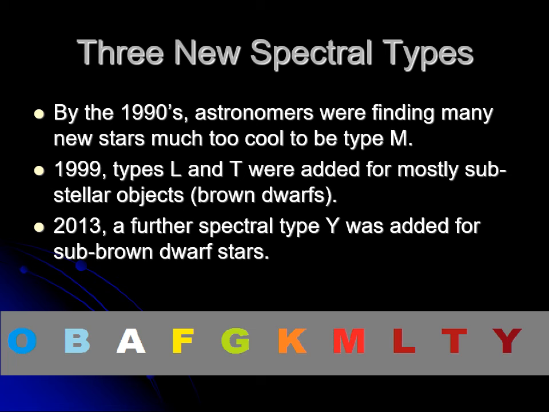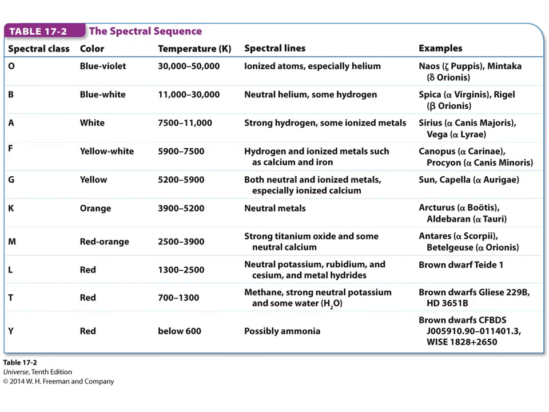So that kind of messes up our mnemonic, O, B, A, F, G, K, M. I guess it could be, "Oh, be a fine girl, kiss me later tonight, Yvette," or something. I don't know what, but however you can think of a mnemonic to help remember the order is useful, because you need to know what order these things come in in order to figure out hot and cool and so on.